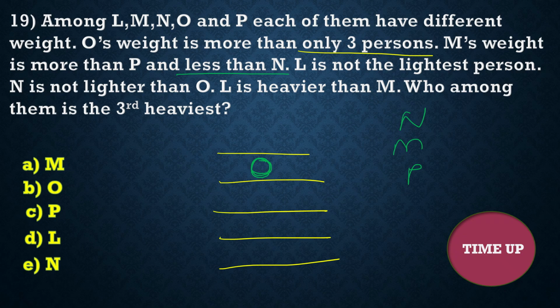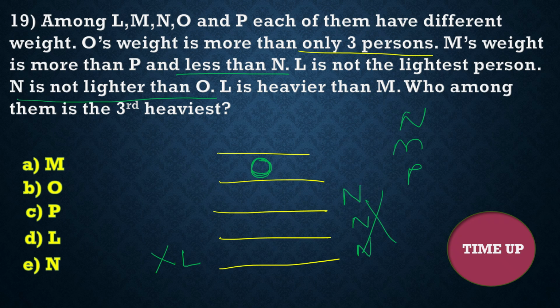Next, L is not the lightest person. L is not the lightest person means L you can't place here. N is not lighter than O. If N is not lighter than O, then I can't place N here, or N here.